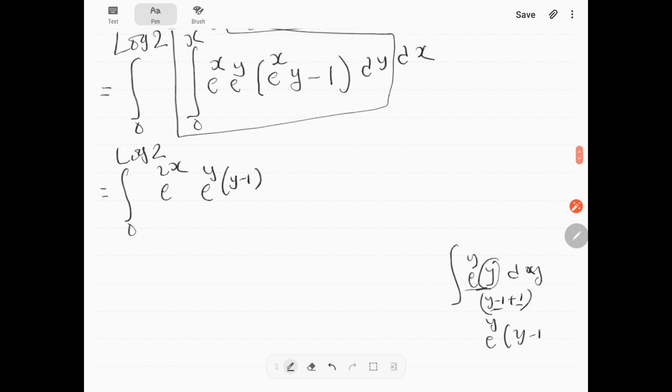That is what you learned in your intermediate. So this first part integration is over. Minus this e power x into e power y, e power x is constant. Integral e power y is e power y only, in between the limits 0 and x.